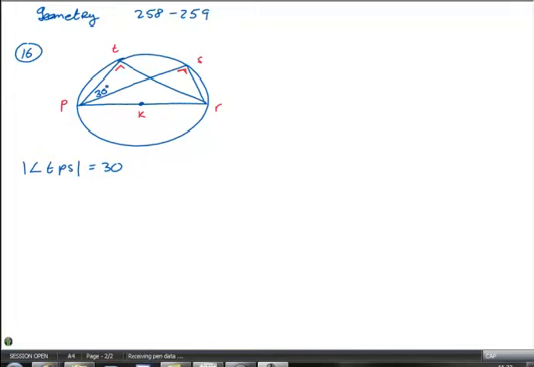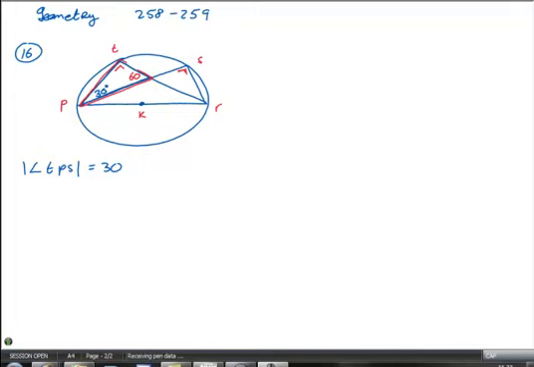Now, I don't know whether you can spot this or not, but even though it's hard to see, there's a triangle there. You know 90 and 30 add up to 120, which means this angle in here must be 60 degrees.